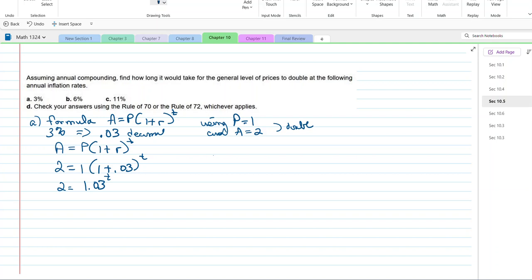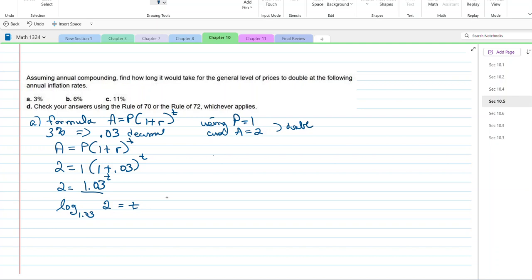We know that this is our base, so I can say the log base 1.03 of 2 equals t, because t is the exponent.